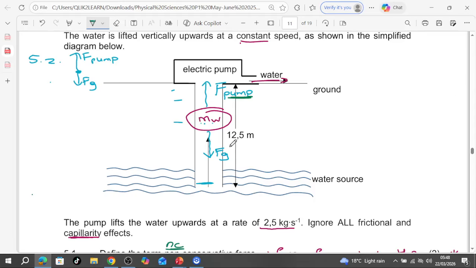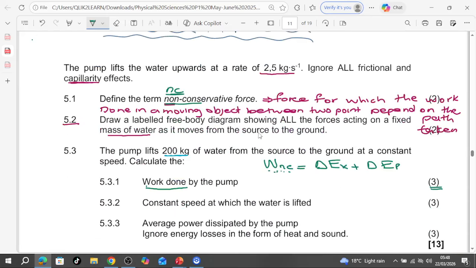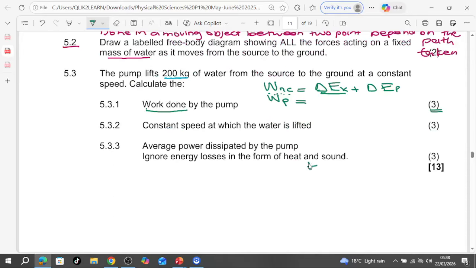So we need to find the work. So this will be the work done by a pump, the work done by P for pump. This is equal to the change in EK plus the change in EP. Remember, EK is equal to 1/2 mv squared. Do we have the velocity?